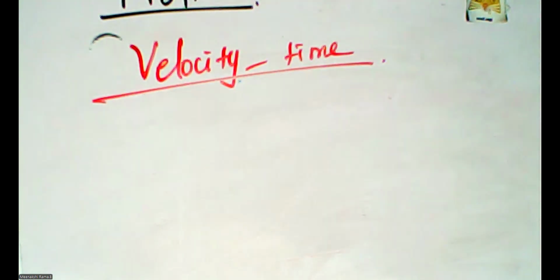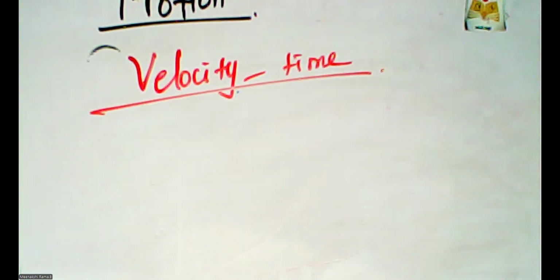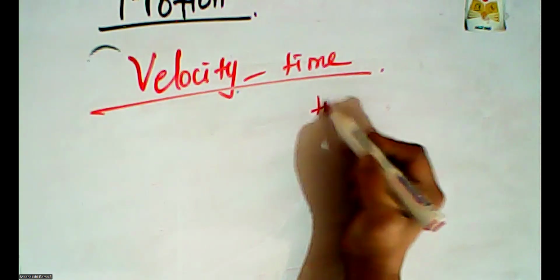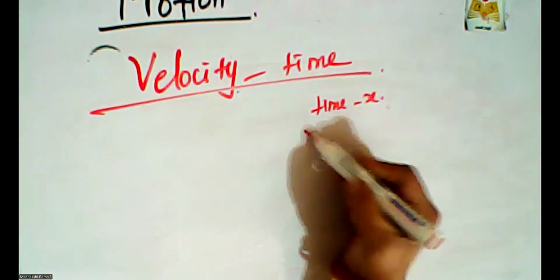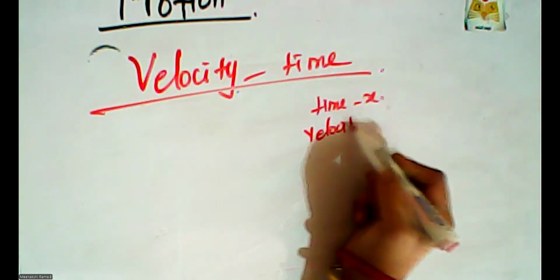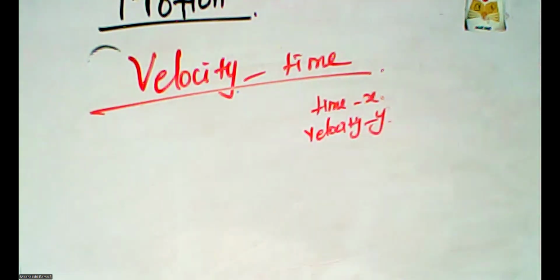In this graph, time is usually represented on the x-axis, and velocity is represented on the y-axis.